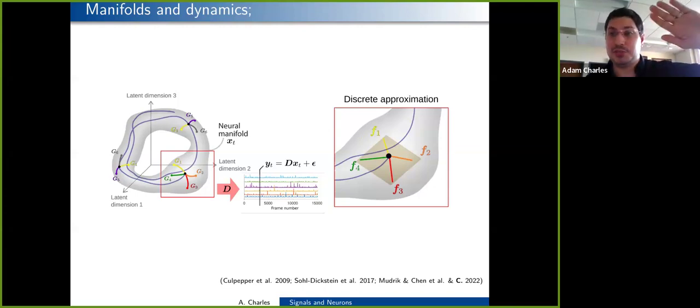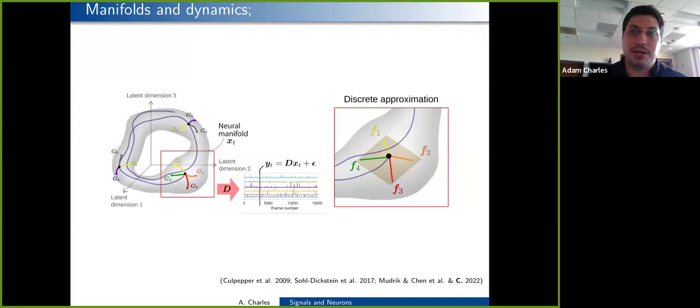There's a tangent space to this manifold that defines, in essence, all the ways you can go locally in a very small area on this manifold that keeps you there. It doesn't go orthogonal. It doesn't push you off the manifold. We're assuming that's not an intrinsic part of the system. If that happens, it's because someone came in with a bunch of electrodes and shocked the brain. Or I guess optogenetics now. We're getting fancy.